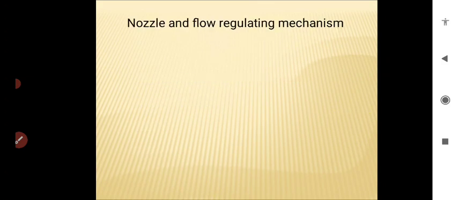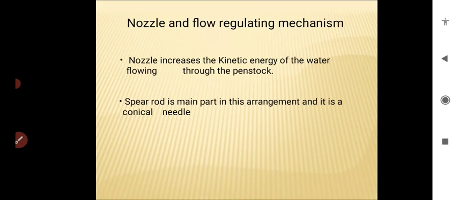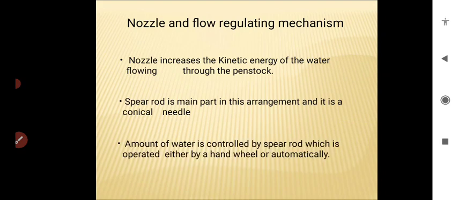Now, nozzle and flow regulating mechanism. The nozzle is installed to adjust and jet the fluid flow to strike the bucket. As mentioned earlier, it is the only part of the impulse turbine assembly where the pressure changes and the flow head is converted into kinetic energy.